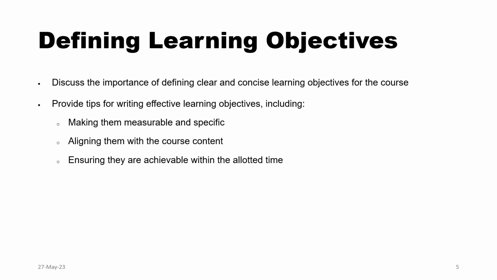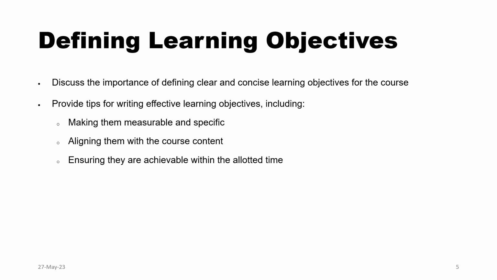Learning objectives. We need to discuss the importance of defining clear and concise learning objectives for the course. We must ensure all topics that we introduce start with definitions. Besides that, we need to also provide guidance on writing effective learning objectives.